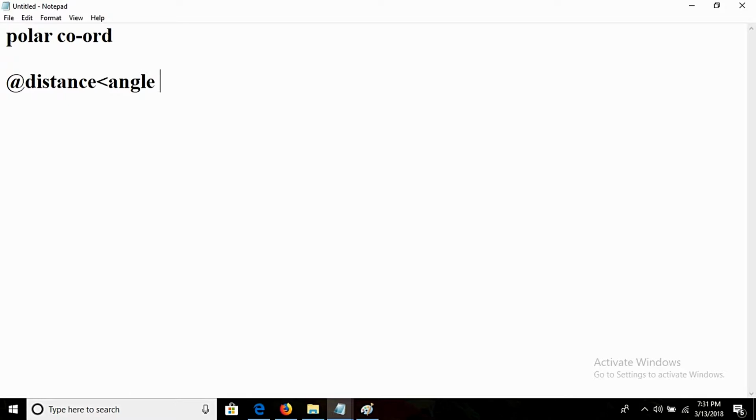Here, friends, this is the syntax of the polar coordinate system. We don't call it less than, friend, so that is at the rate of distance at angle. We need to call it that.